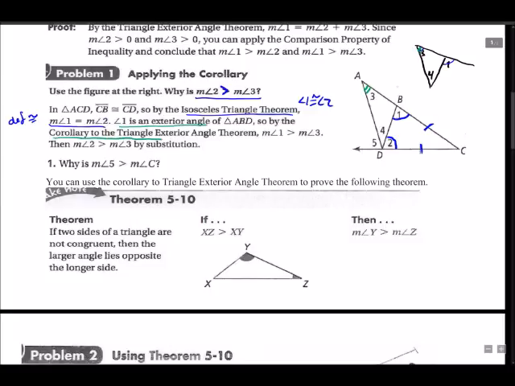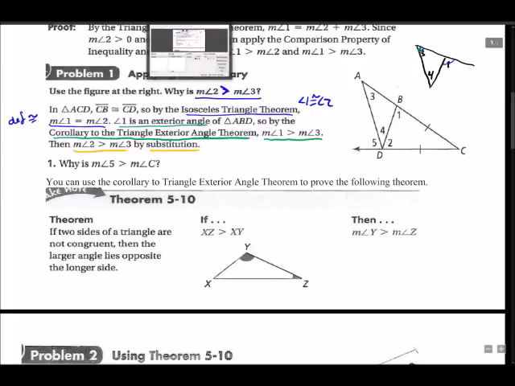So our corollary to the exterior angle theorem says that the measure of angle 1 has to be greater than the measure of angle 3. And so by substitution, because angle 1 and angle 2 are the same measure, the measure of angle 2 has to be bigger than the measure of angle 3. All right, let's erase those and pause the video, and you can try the next one.